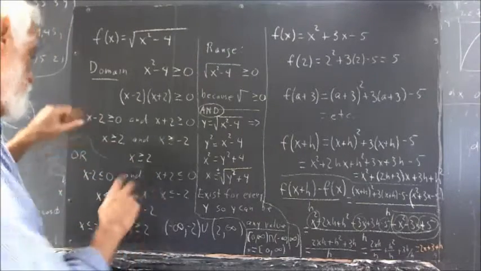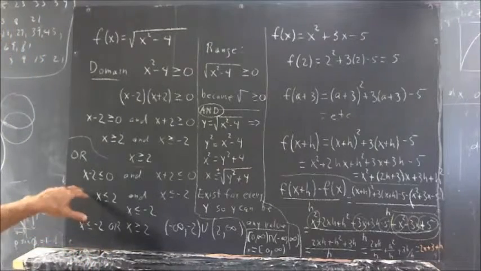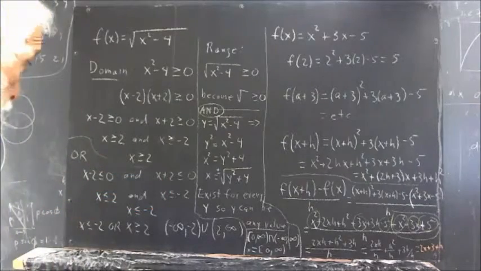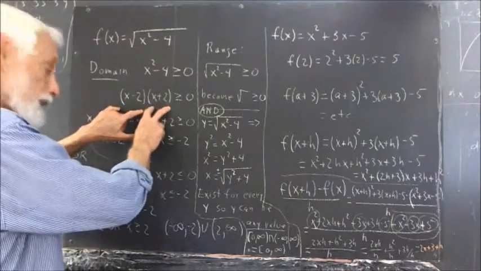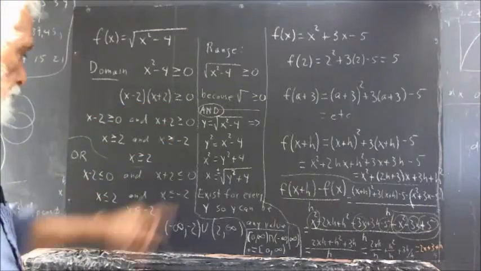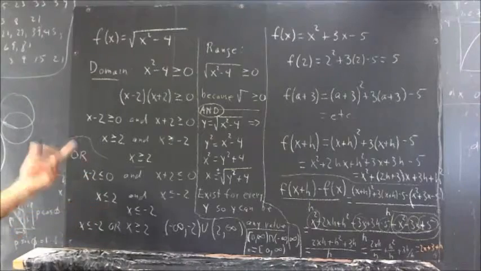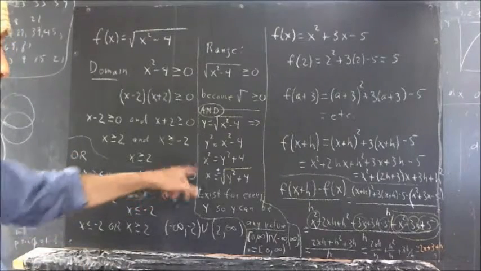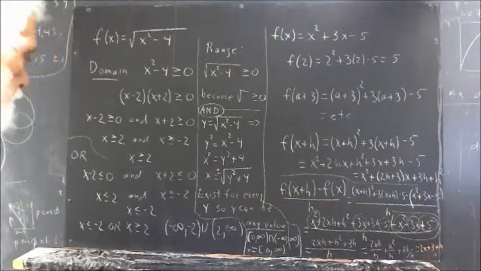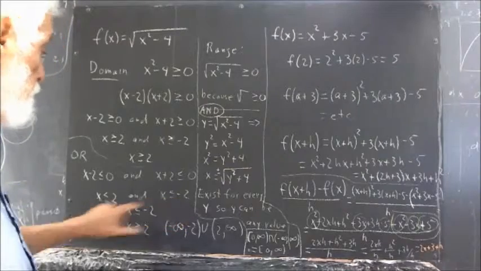Now, these could have opposite signs, so that x minus 2 could be less than or equal to 0, and x plus, I'm sorry, they couldn't have opposite signs. They could both be negative, meaning both could be less than or equal to 0. x minus 2 less than or equal to 0 means x is less than or equal to 2. x plus 2 less than or equal to 0 means x is less than or equal to negative 2. So again, if this is so, then this is so.